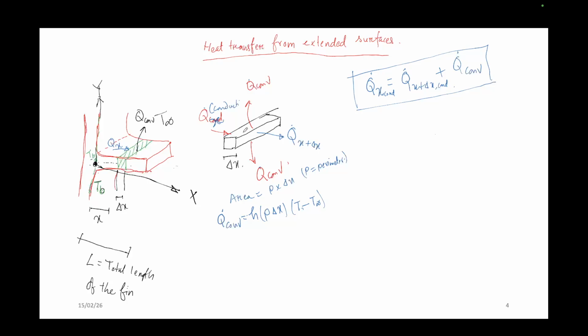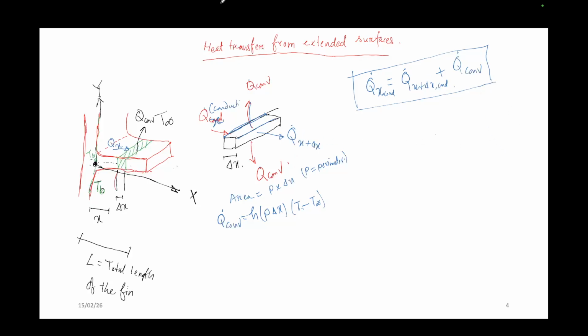Convection is happening from the top surface. For a moment, assume heat is transferring only from the top surface. So we can take this length, total perimeter into del x, as your area, right or wrong?